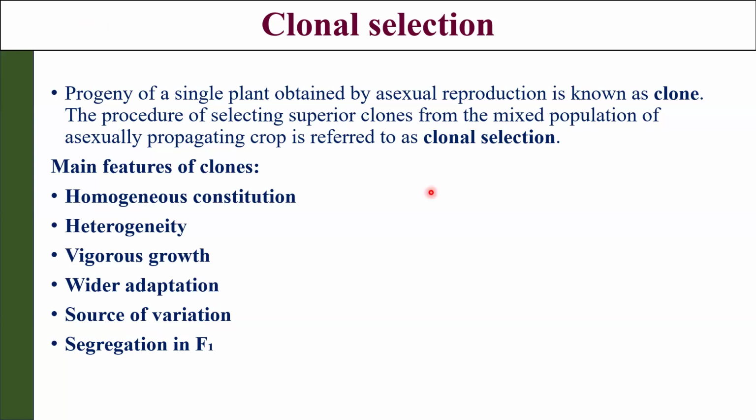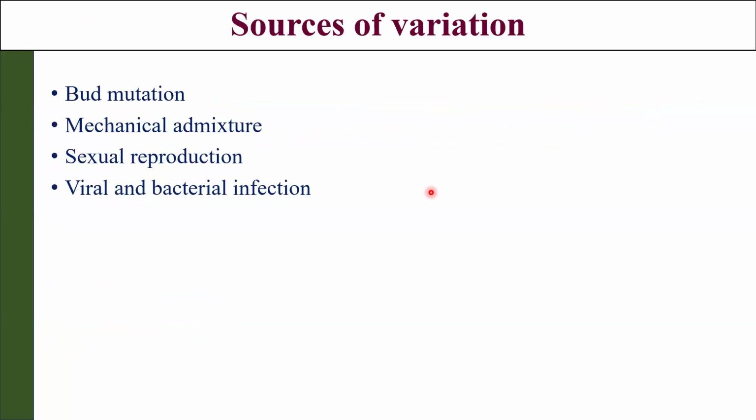That is why they can segregate in F1 itself. It is also called pseudo F2. Please remember, it is one of the important striking features of clonal selection.